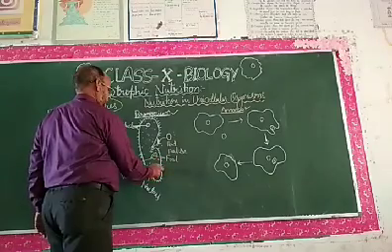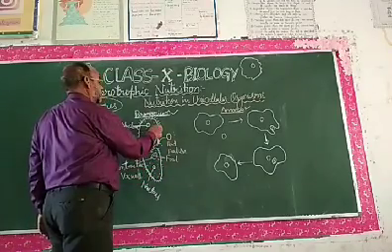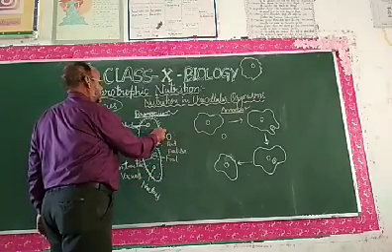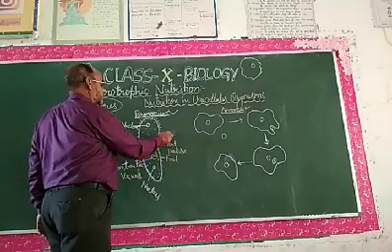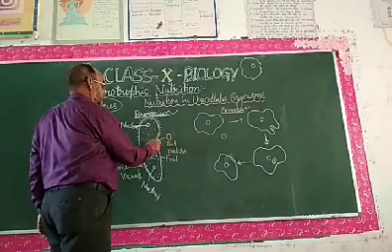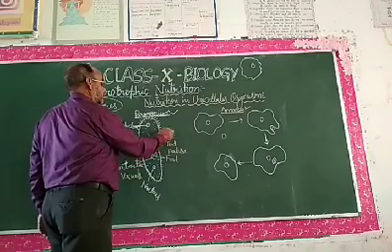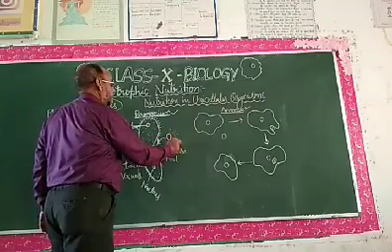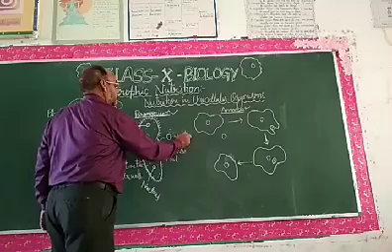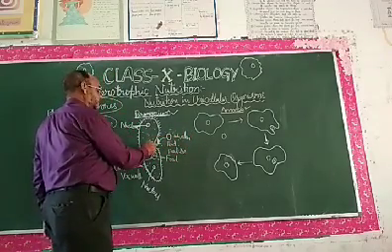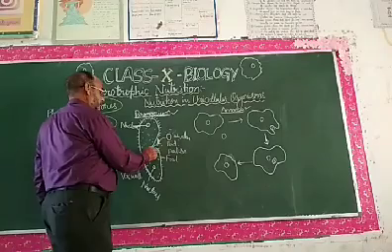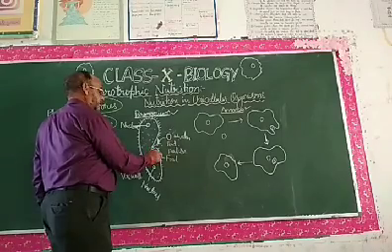The nutrition in this paramecium is dependent upon the movement of the cilia. Cilia move and food comes inside this groove through the water, and food enters a covering that is called the contractile vacuole.